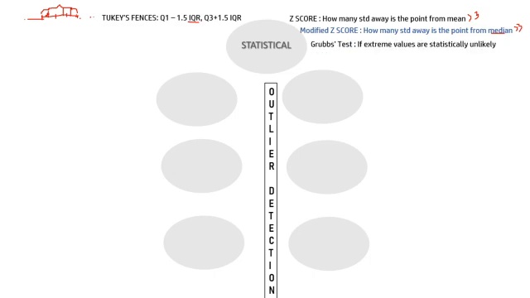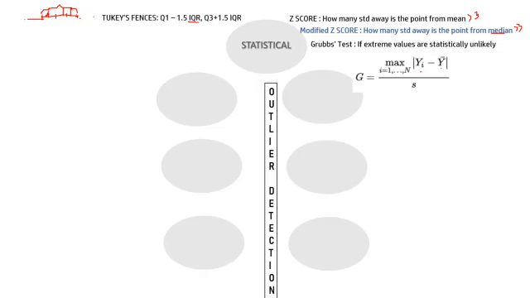Then we have some not so popularly used tests like Grubbs test, which detects a single outlier at a time. It works on univariate data and calculates the largest absolute deviation of the sample from the sample mean, in units of sample standard deviation. So this is your sample mean, and this is the sample to be tested.